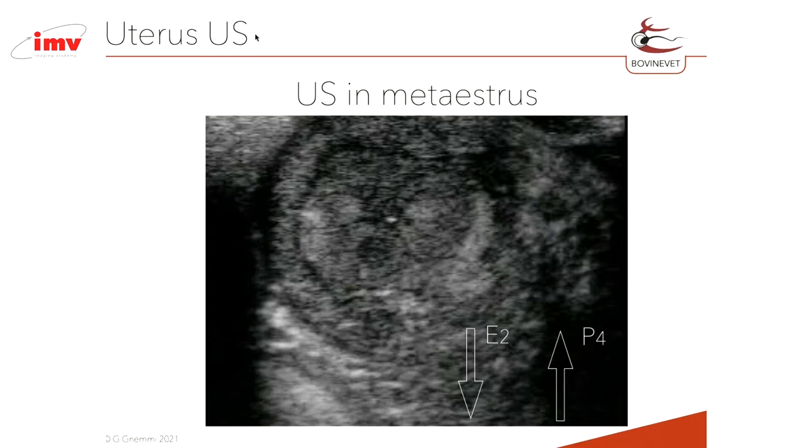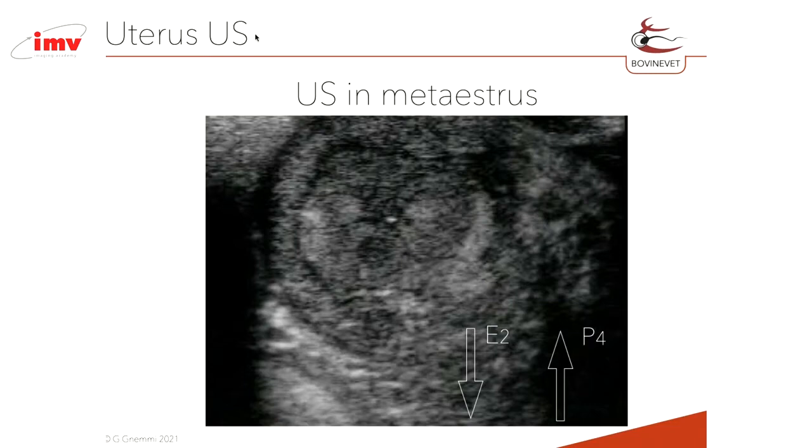And the estrogens and the progesterone determine a totally different ultrasound stratigraphy of the uterus, because they change the thickness of the endometrium, the shape of the lumen of the uterus, the quantity of fluid in the lumen, and also the vascular tonica and the echogenicity.